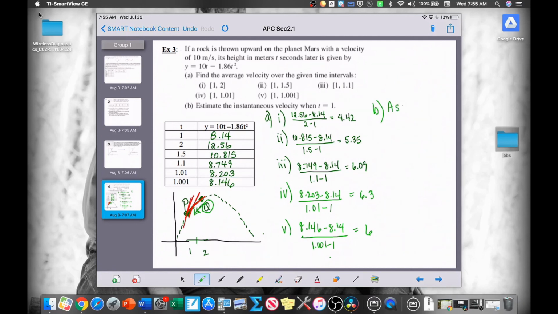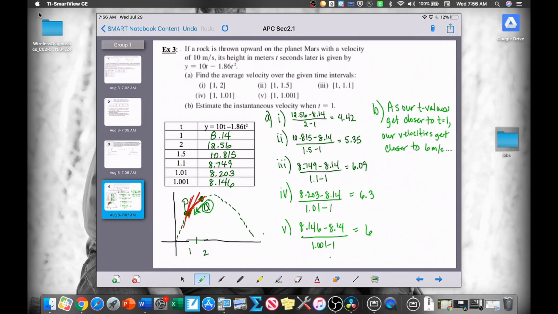So we say, as our t values get closer to t equals 1, our velocities, which is our slope, get closer to 6 meters per second.